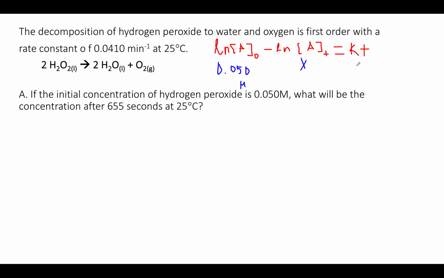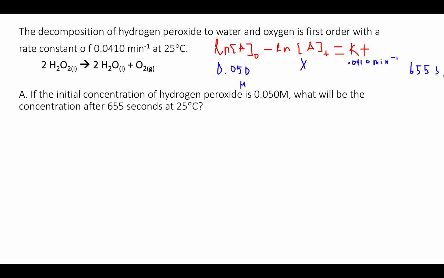We do know the rate constant, and that is 0.041, and that's in inverse minutes. And we do know the time, which is 655 seconds.